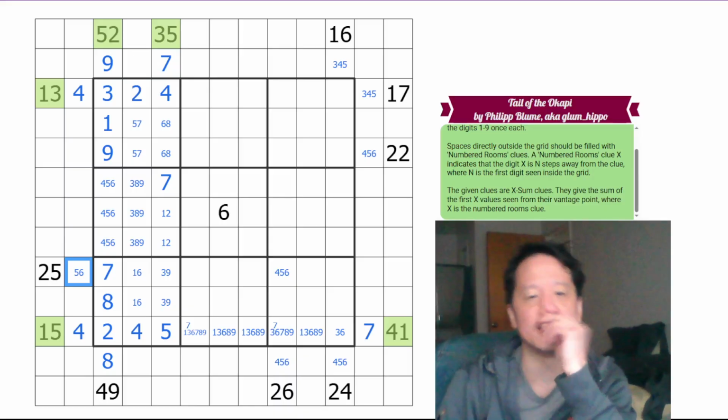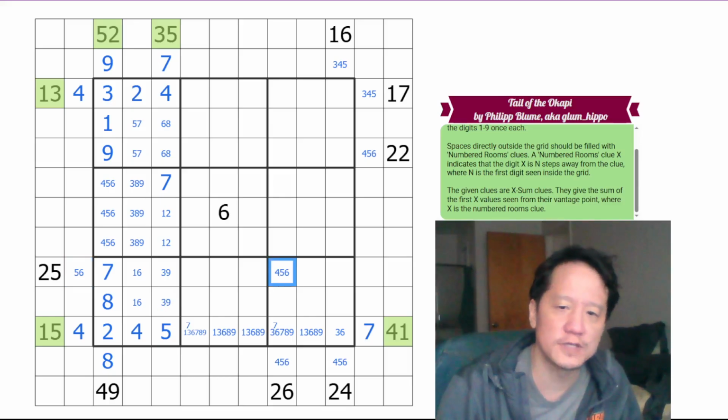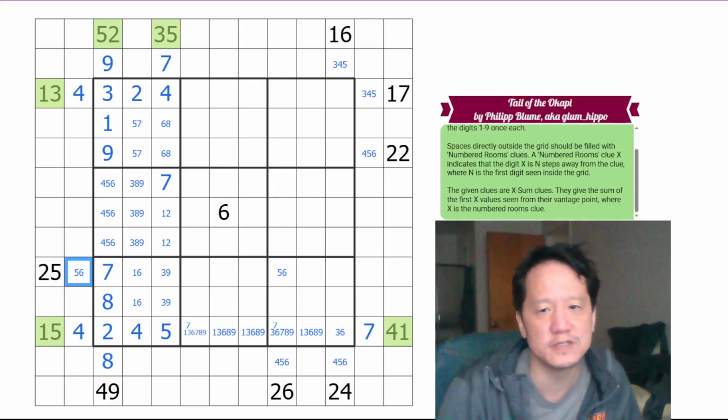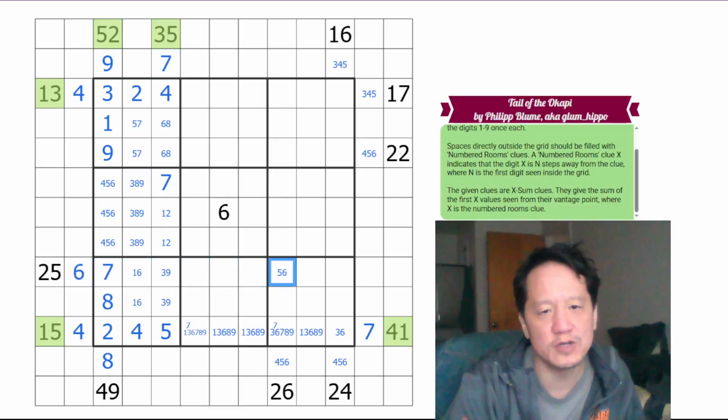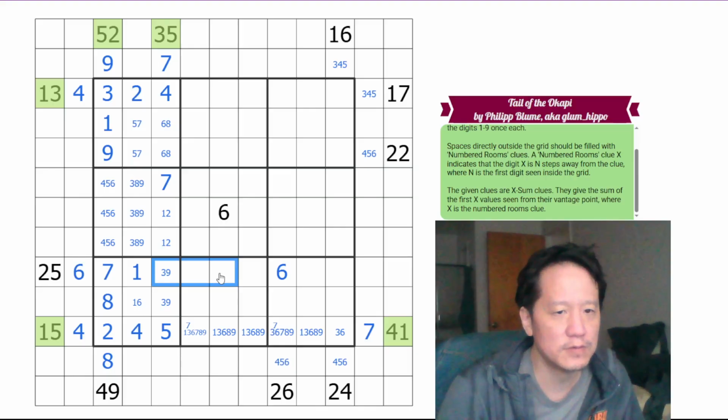What about 5? What about 6, actually? So this can't be 4 here. So what if this is 6? If this is 6, then this becomes 6 here. This is 1. So these 3 add up to 14, which means these 3 must add up to 11. And I don't think that's possible. 11.